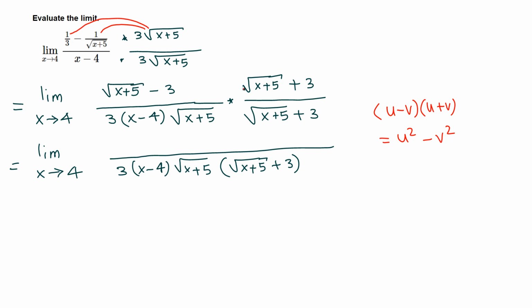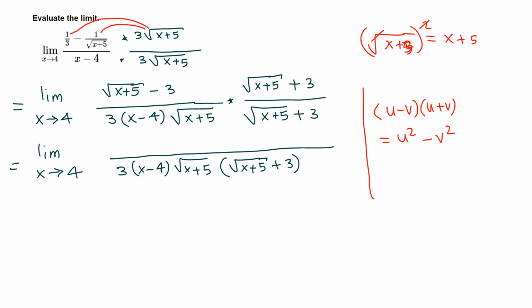Basically we get first times first minus last times last. There are two additional terms, but they cancel. We also know that when we square a square root of something, in our case root x plus 5, the square root and the square cancel as long as the thing inside is positive, which is the case because x tends to 4. So we get x plus 5.